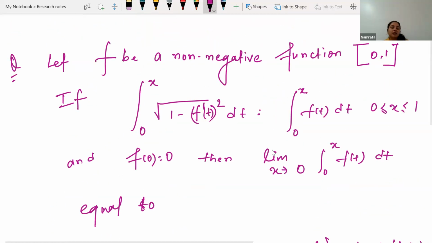Let f be a non-negative function which lies between 0 and 1. If this integration is given over here, then we have to find the limit as x tends to 0 of the integral of f t dt. Okay, let's see how we can do this.